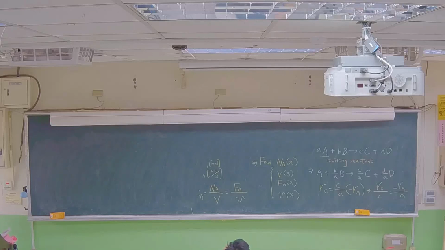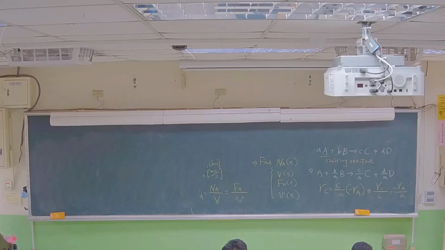And the reactant and the product have different signs. So for a reactant, you have to put a minus sign before. So minus rA, because A is the reactant. C is the product, so rC. The relation between rA and rC is given by the coefficients of these species.